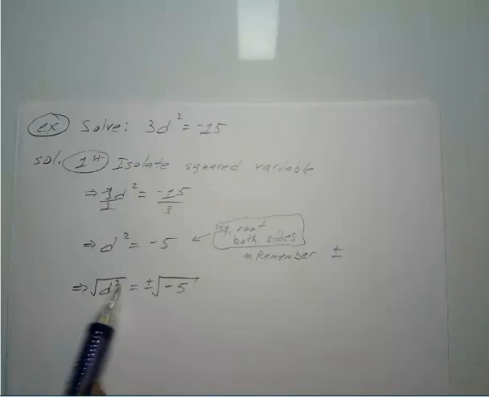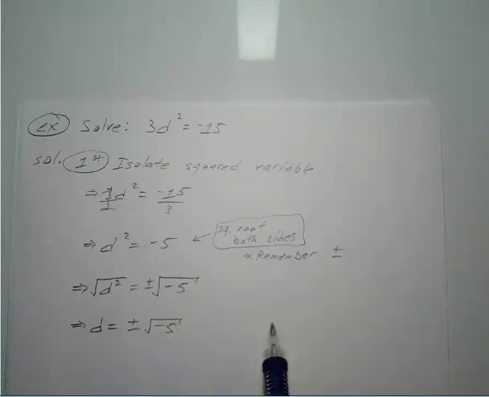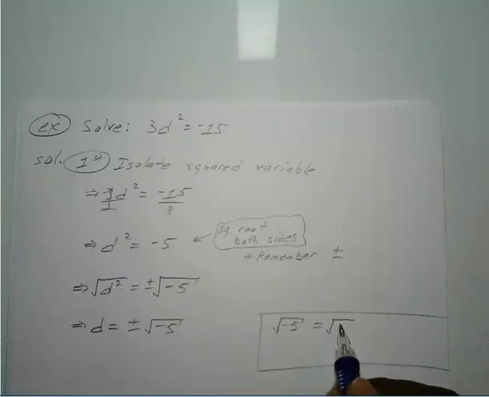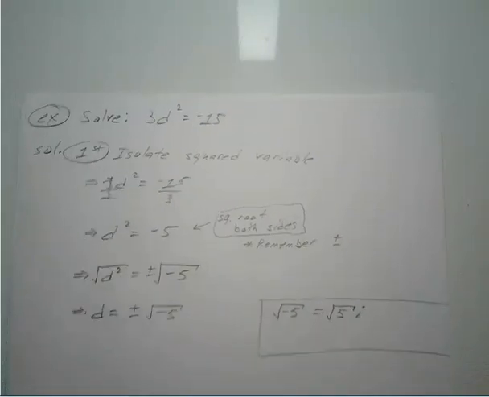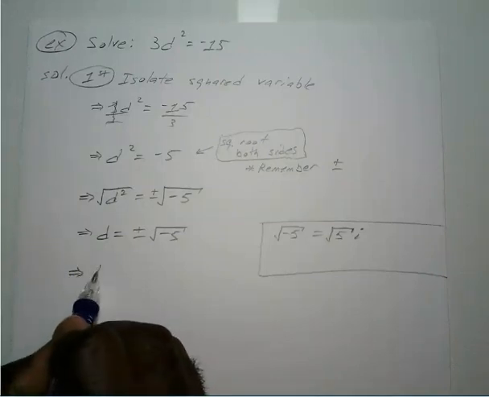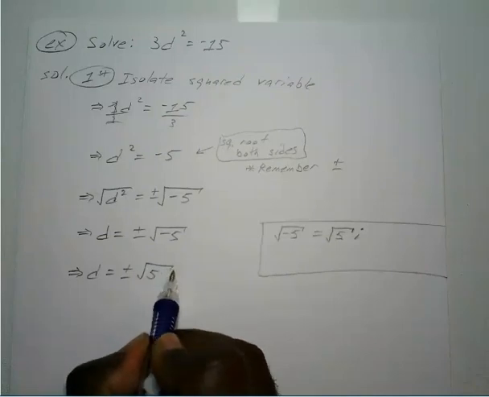Okay, remember the square and the square root cancel each other out. So you have d equals plus or minus the square root of negative 5. But you want to remember that the square root of negative 5, you can actually rewrite that as square root of 5 times i. Okay, so that gives us d equals plus or minus the square root of 5 times i.